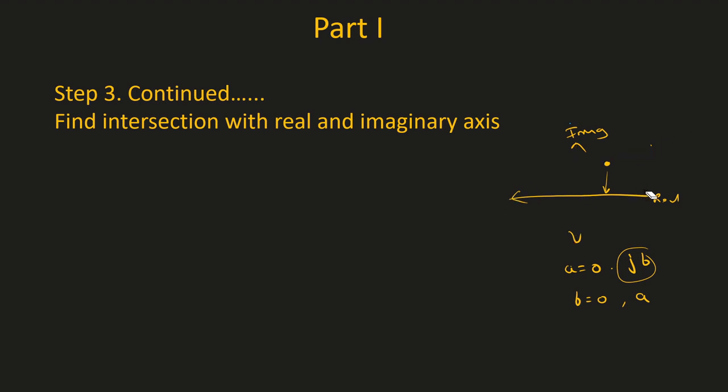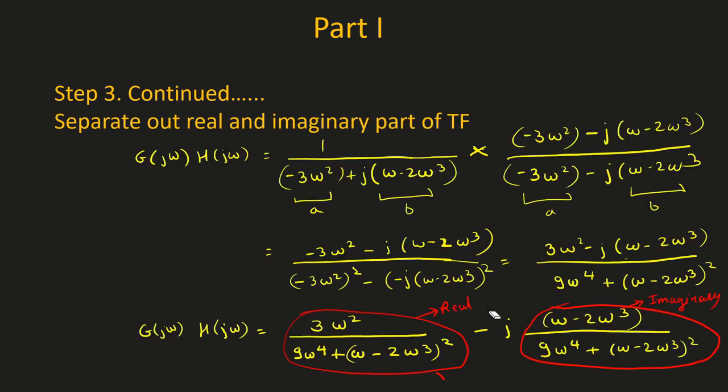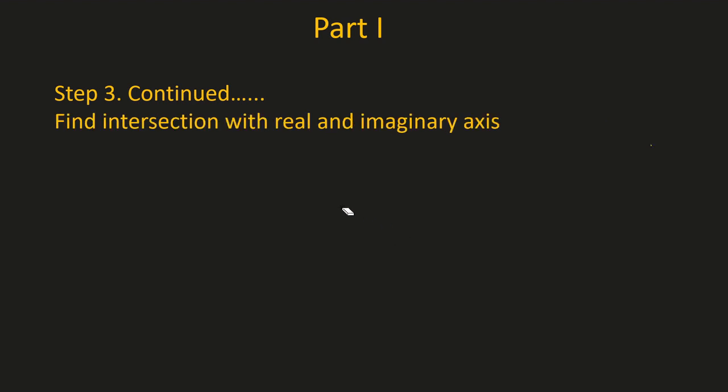So a similar concept we can use here: to find out the intersection with the imaginary axis, we will put the real part of this transfer function equal to 0, and to find out the intersection with the real axis, we will put the imaginary part of the transfer function equal to 0. So let's do it. First we put the imaginary part of the transfer function, that is omega minus 2 omega cube upon 9 omega raised to 4 plus omega minus 2 omega cube bracket square, equal to 0.